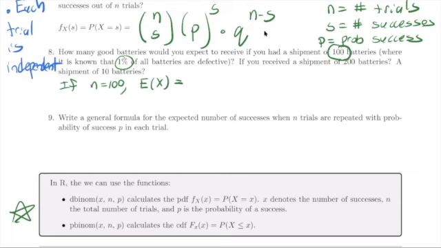If we send 100 batteries, 1% of them are defective. Out of a shipment of 100 batteries, if 99% of them are good, how many good batteries should you expect to get in that shipment? 99. Yeah, 99, right? That's exactly what it's saying. 1 out of 100 is bad. So if you get a shipment of 100, you should expect 1 bad one, 99 good ones.